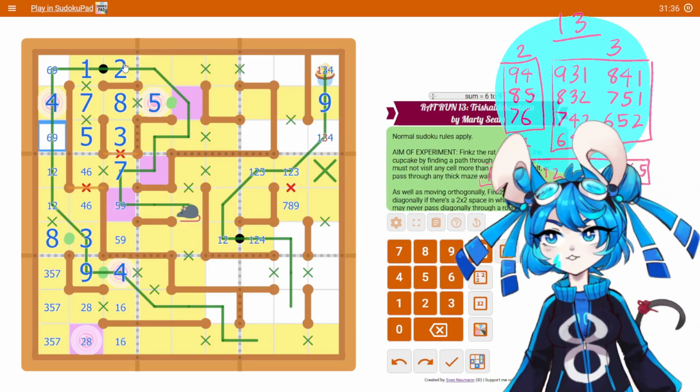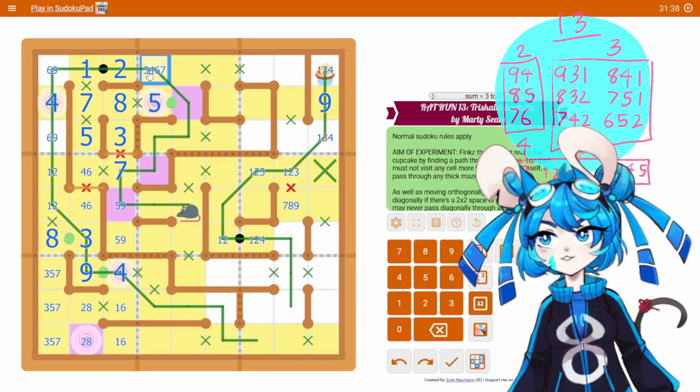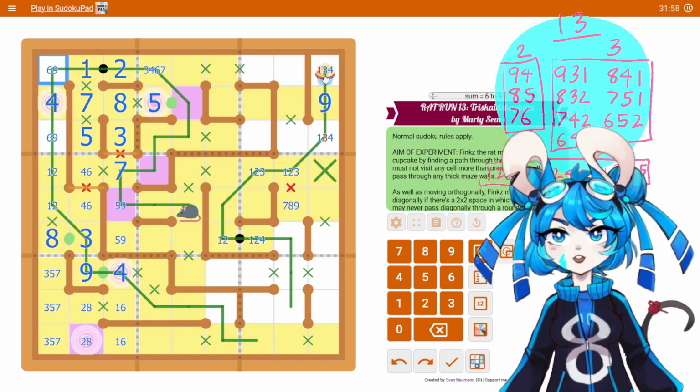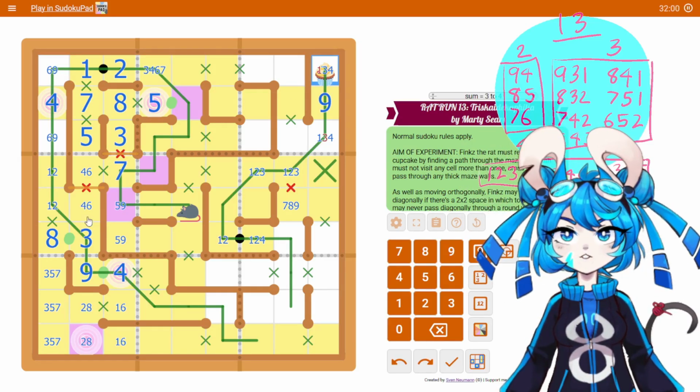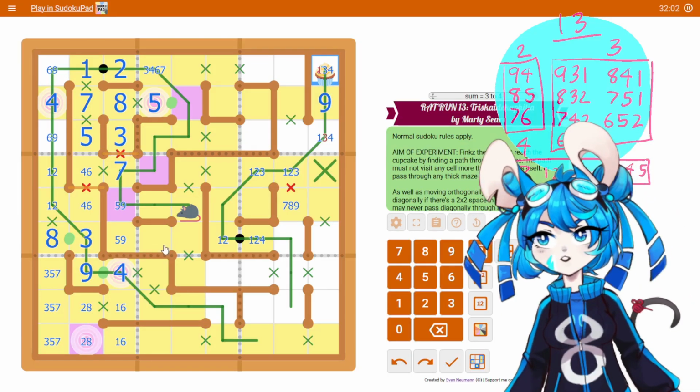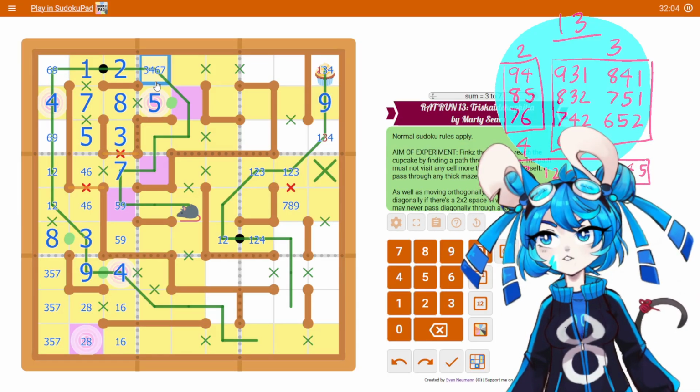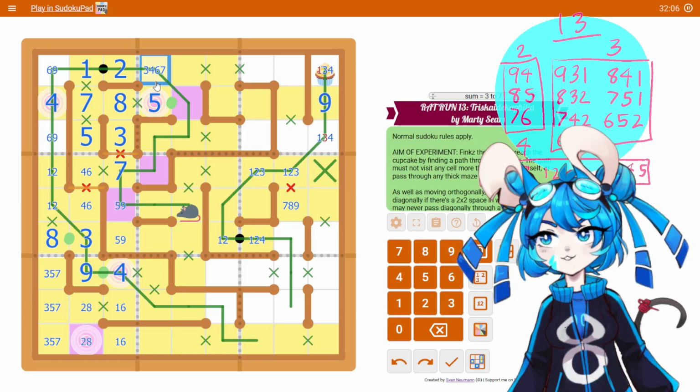This has to be 3, 7, or 4, or 6. If the 6 is here, this has to be a nullifier. And then it would be 4 here, which I think is fine.